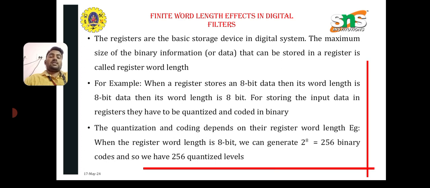The quantization and coding depend on the register word length. For example, when the register word length is 8 bits, we can generate 2 power 8, which is equal to 256 binary codes, and so we have 256 quantized levels.